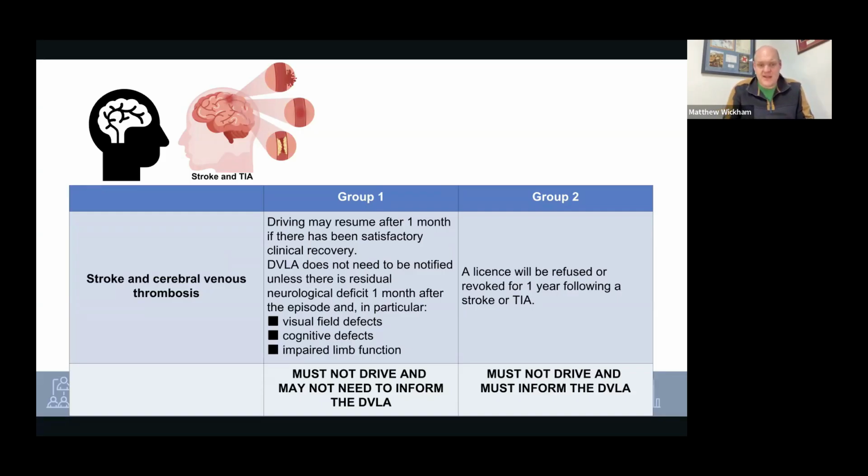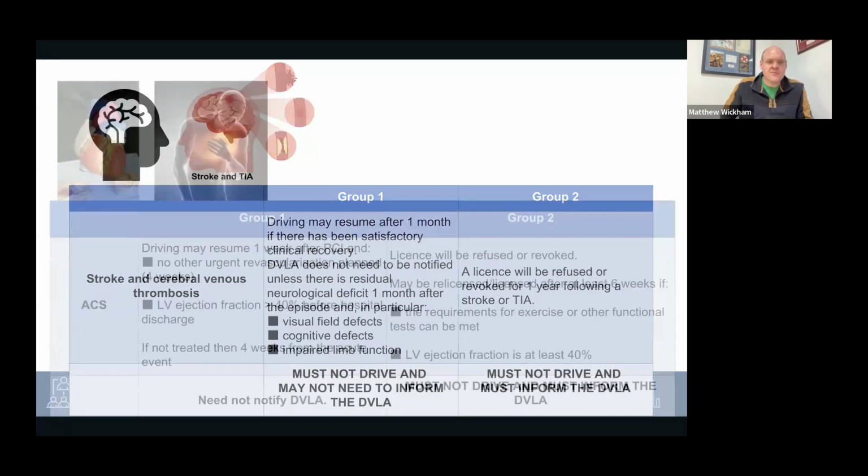Must not drive, and they may need to inform the DVLA. Again, neurology normally do that. I've been on the receiving end of the DVLA forms, and they will often ask about eyesight, limb function, etc. And then group two will be refused for 1 year following a stroke or a TIA, and they must be informed. So you can see the discrepancy between the two, deliberately so.